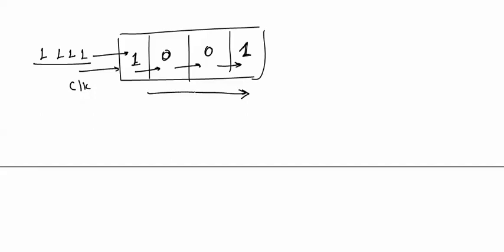So with every clock pulse, data is shifting to the right hand side. So this register can be called a right shift register. These shift registers we will use for our purpose.